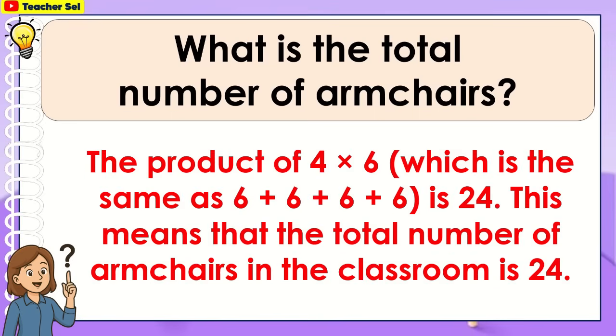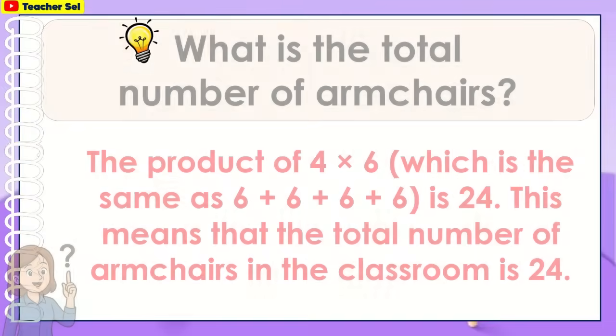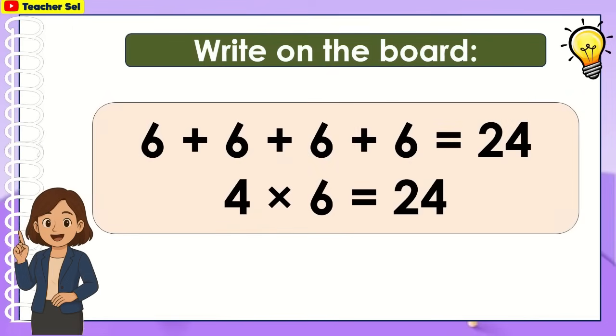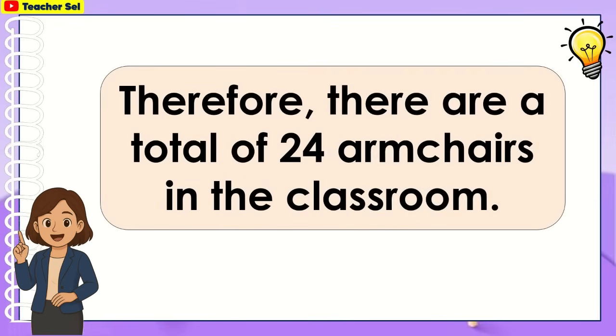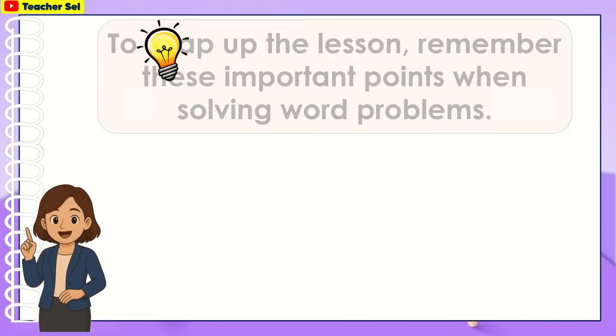The product of 4 times 6, which is the same as 6 plus 6 plus 6 plus 6, is 24. This means that the total number of armchairs in the classroom is 24. 6 plus 6 plus 6 plus 6 equals 24. 4 times 6 equals 24. Therefore, there are a total of 24 armchairs in the classroom.